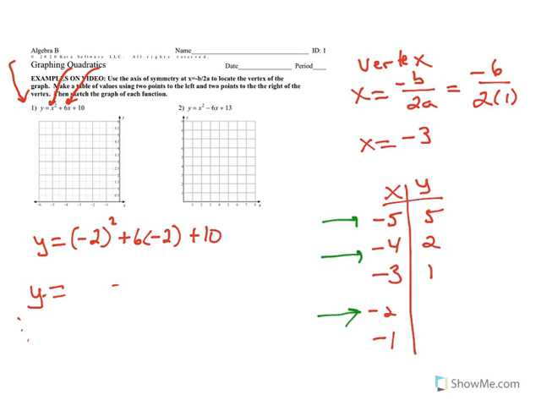So y equals negative 2 squared. Negative 2 times negative 2 is positive 4. 6 times negative 2 is negative 12 plus 10. And 4 minus 12 plus 10 should get you 2. And here's kind of that symmetry that I was talking about a second ago. Notice right before negative 3, your y is 2, and right after it, it's 2. So that should be kind of the symmetry.